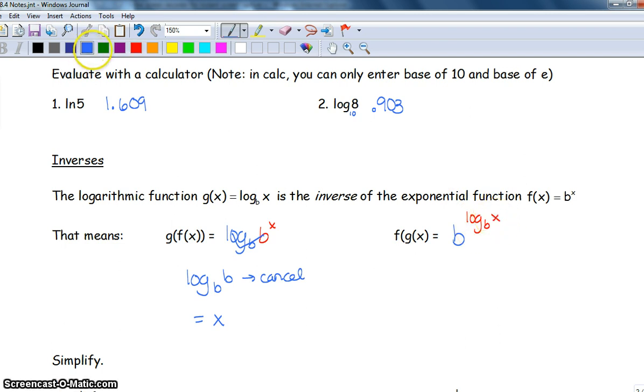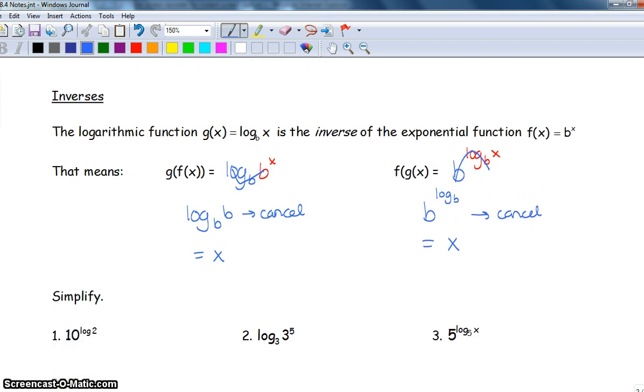And once again, we know that this has to equal a positive x because they are inverses. I'm telling you that they're inverses, which means this has to cancel out. So here, anytime you have the base raised to the log of the same base, that's going to cancel out.